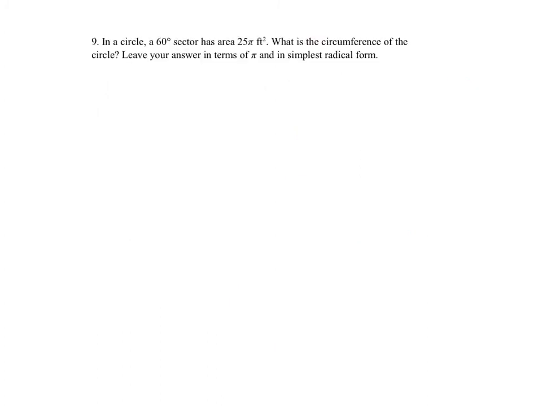And the last one is in a circle. A 60-degree sector has an area of 25 pi feet squared. What is the circumference of the circle? So now I need to find R. So my area is 25 pi equals 60 over 360 times R squared pi.